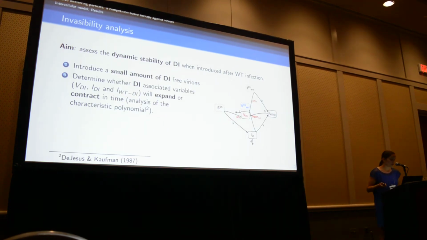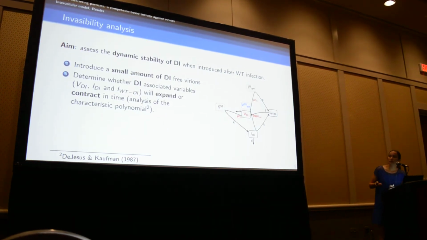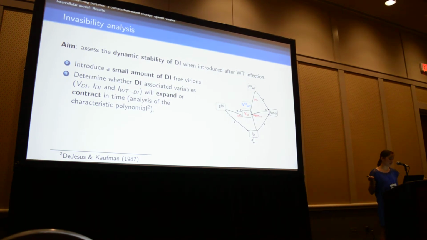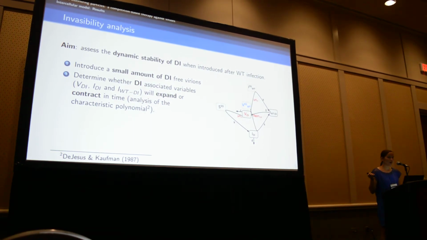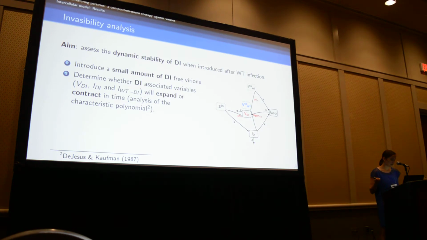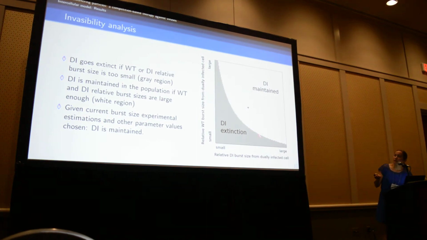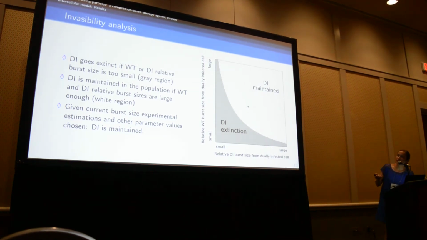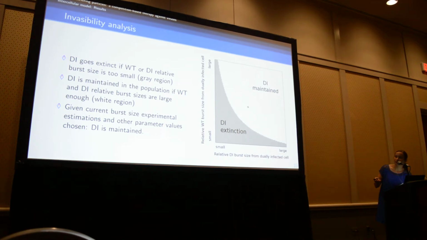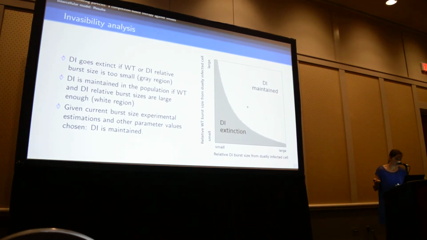And then we introduce a small amount of DI-free variance, and we determine whether the DI-associated variables will expand or contract in time thanks to the analysis of the characteristic polynomial. So here is the result of this invasibility analysis, which represents the DI stability as a function of the Y-type and the DI burst sizes from dually infected cells.